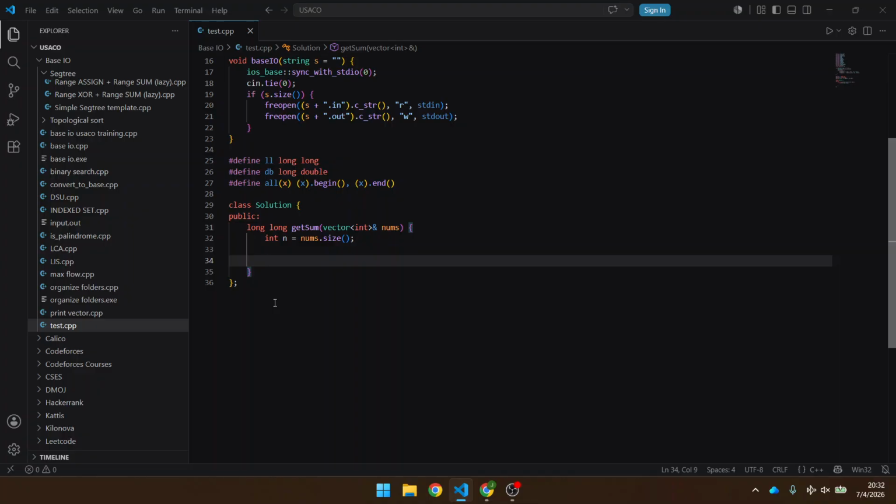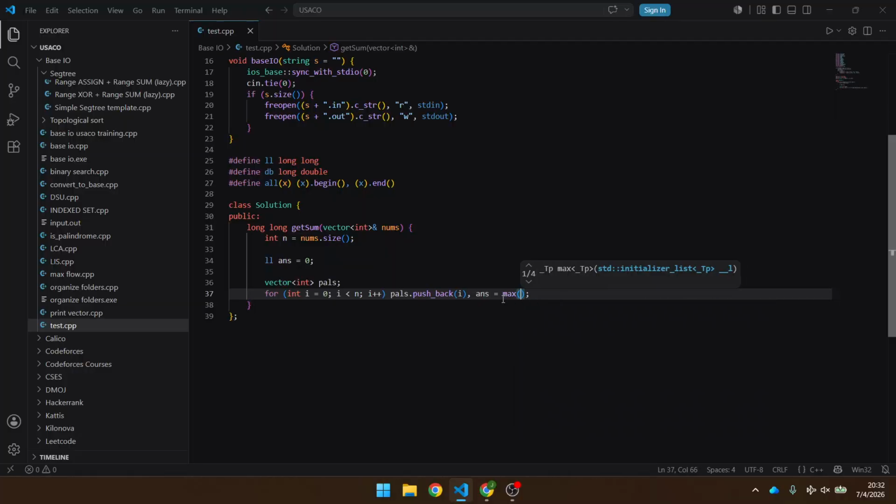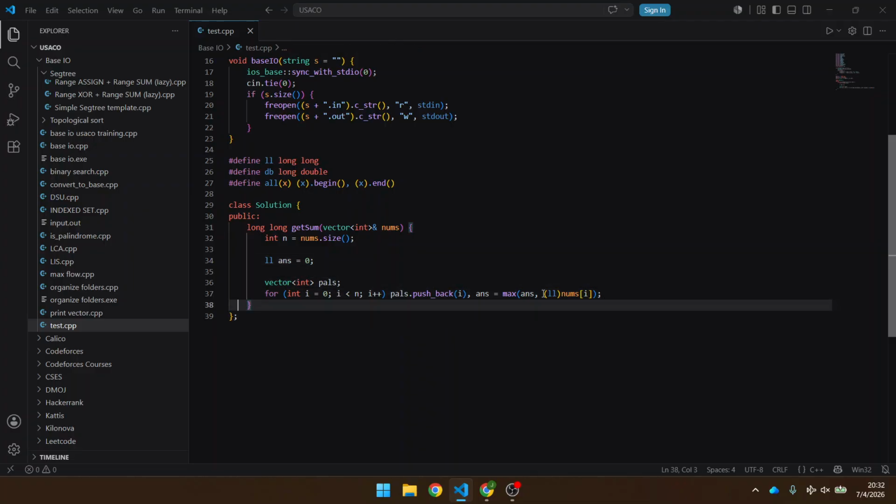Have an m squared solution. A pair. But there's at most m squared. M squared. Right, that's the problem.